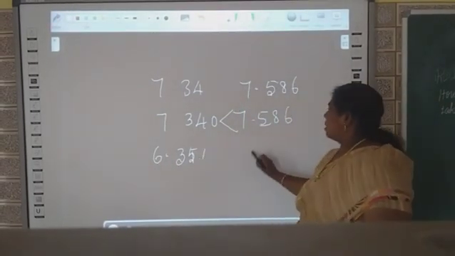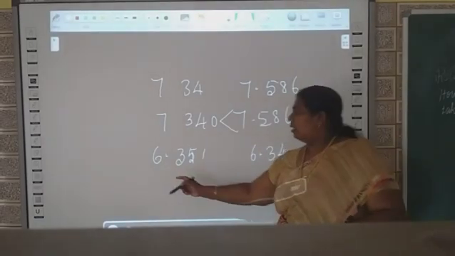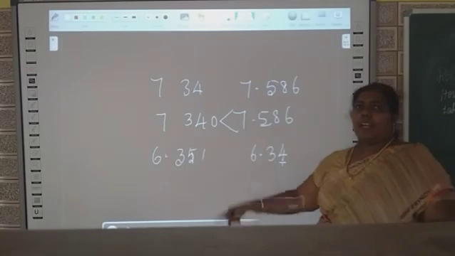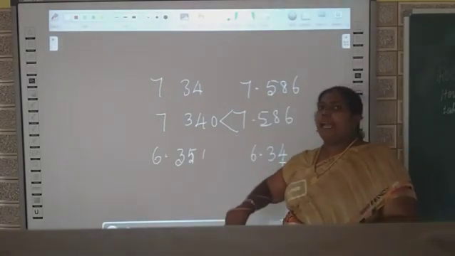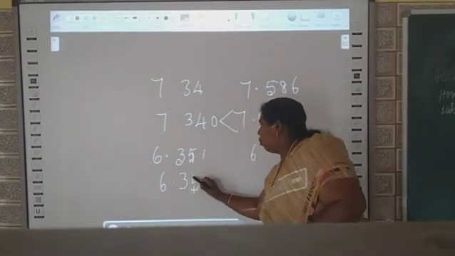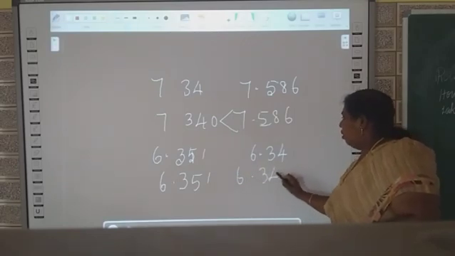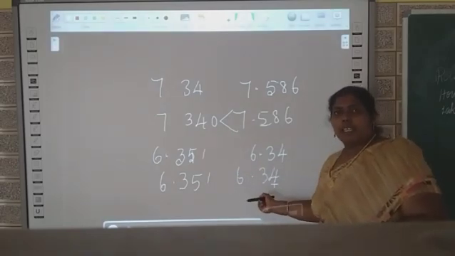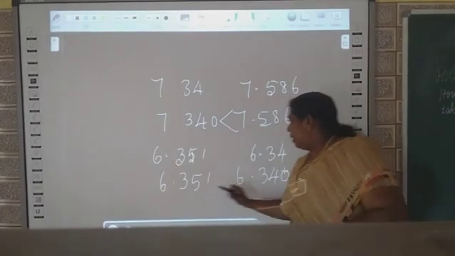6.351 and 6.34. Here, are these two decimals like or unlike decimals? Unlike decimals. So convert them into like decimals. 6.351 and 6.34. What do we have to put? 0, isn't it? So now you see the whole number is equal.